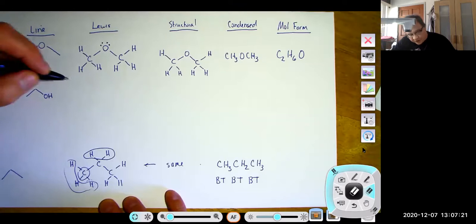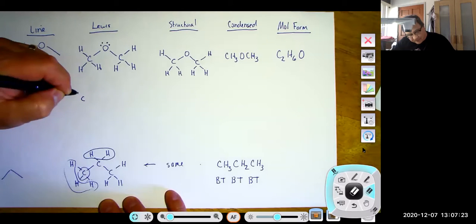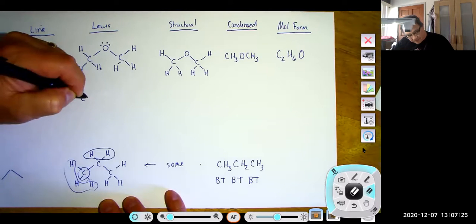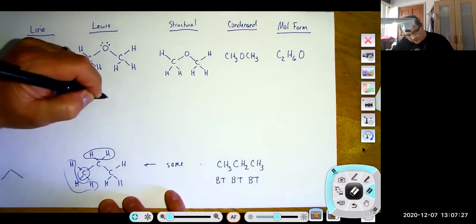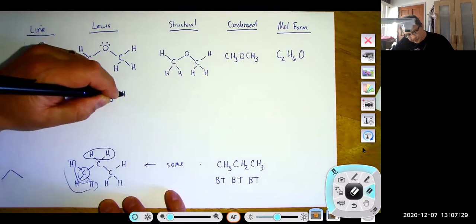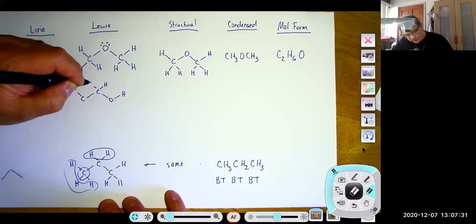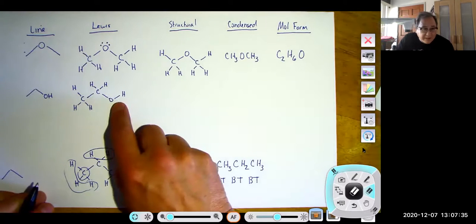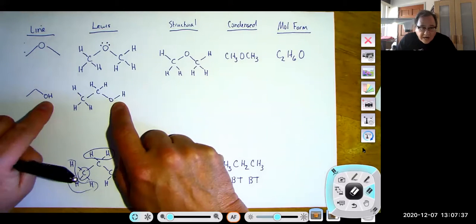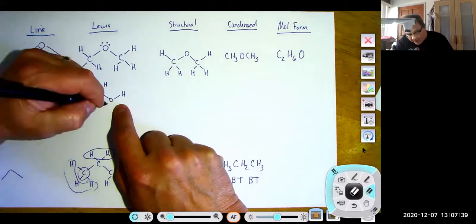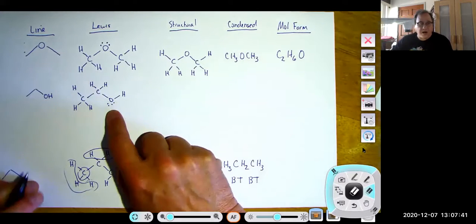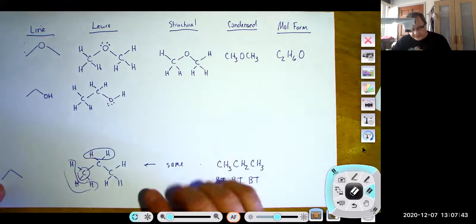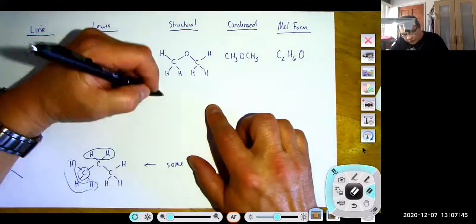Okay, this is what you should have. Some people forget the bond here between the oxygen and the hydrogen. Don't forget it. You need to show all bonds. And here are the lone pairs. Here's the structural.